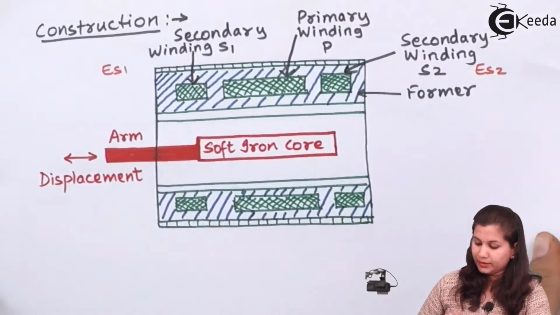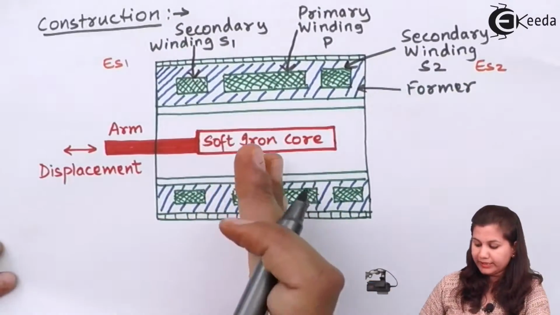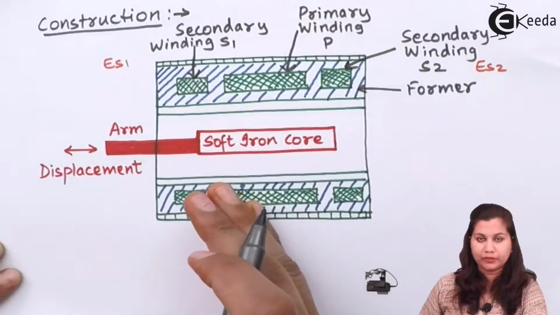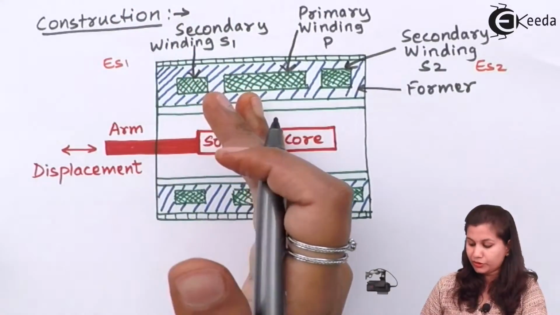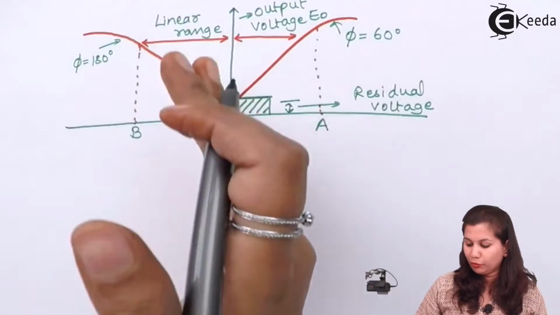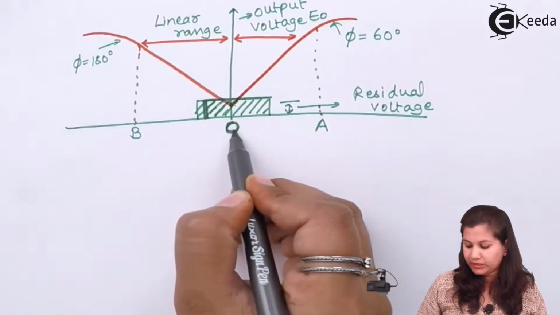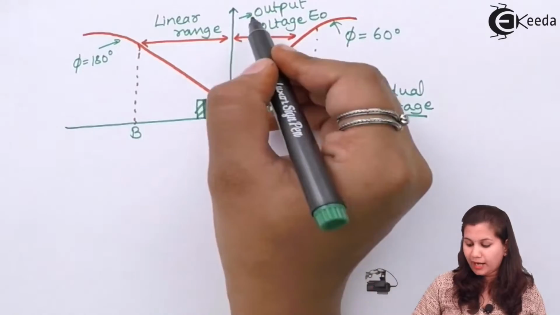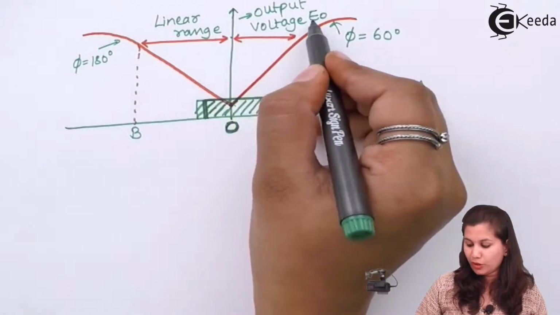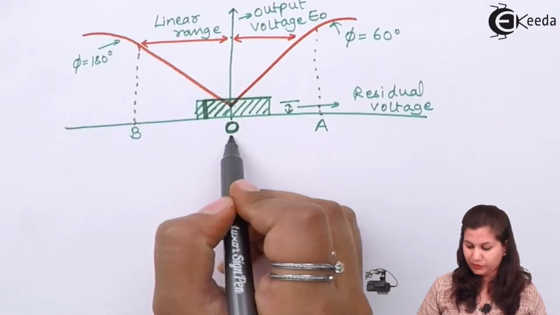Now when the soft iron core is exactly at the middle position, at the null position, the output voltage is 0. This is the null position here, and the output voltage is indicated here, so the output voltage is 0 at this position.